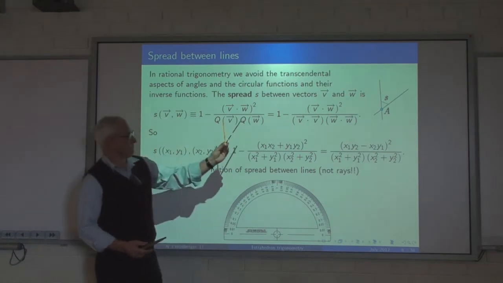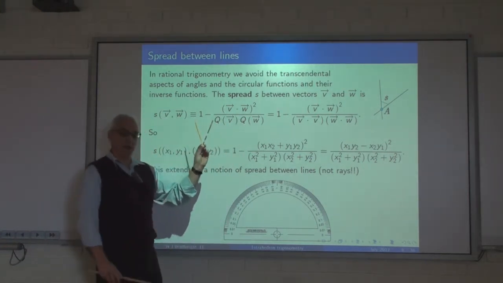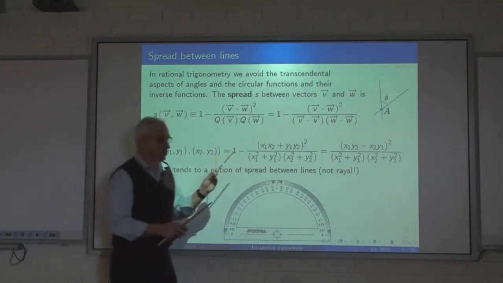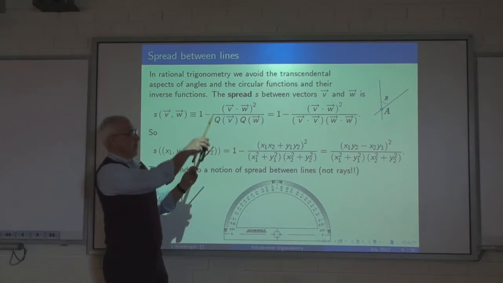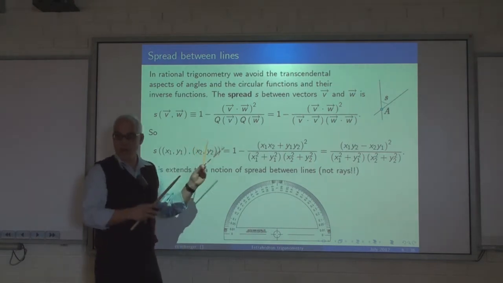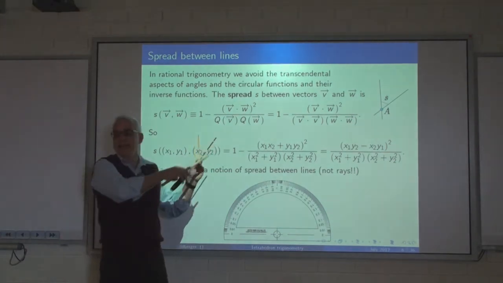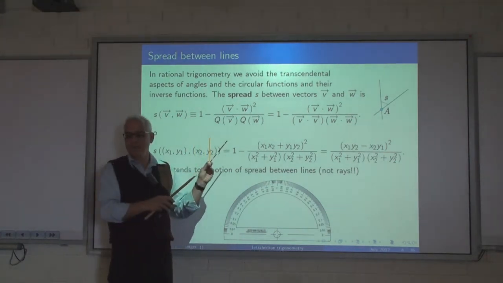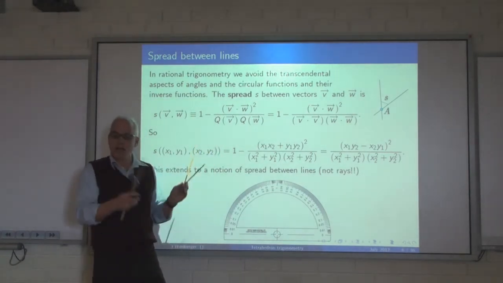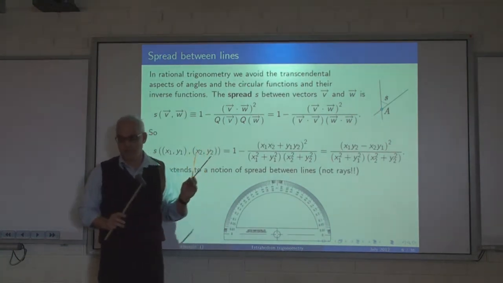So here are two vectors. When we form the spread between these two vectors, the numerator is a determinant. You can think of that as the area of the parallelogram formed by those two. We're squaring that area, and then we're normalizing by the squared lengths, if you like, of the sides. So it's a squared determinant, suitably normalized, so it doesn't actually depend on the vectors, but only depends on the lines.